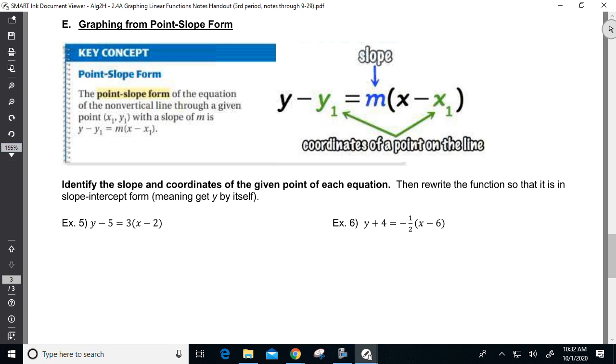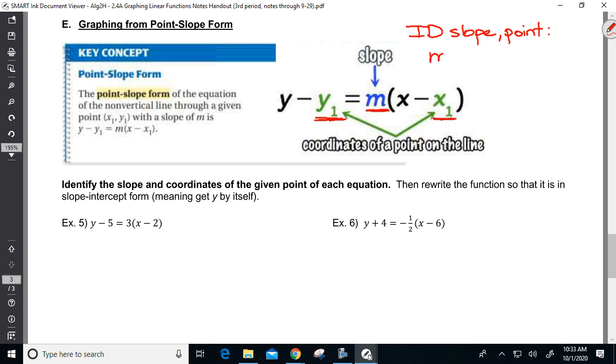The 3 numbers that would be in the formula would be the slope, the x, and the y. So we have to identify the slope and the point. This is how we would do it.